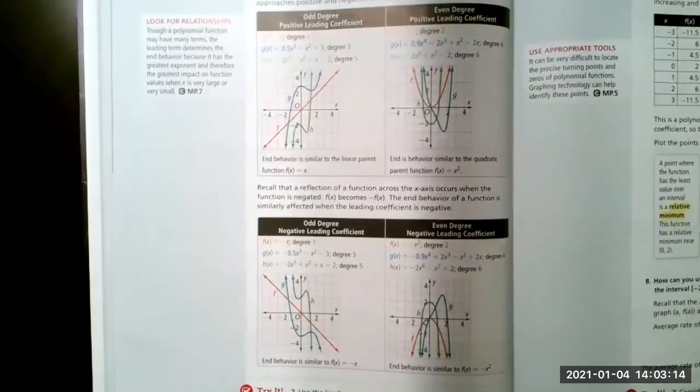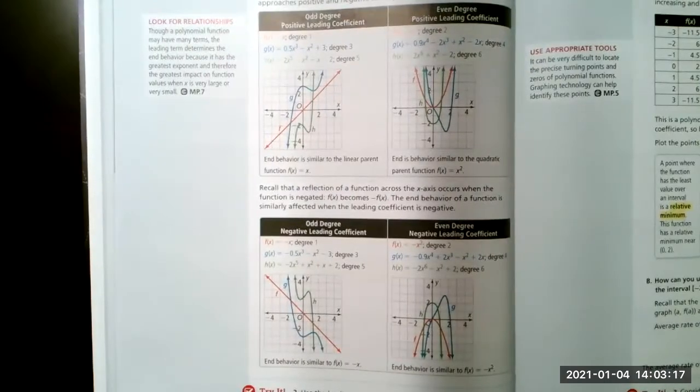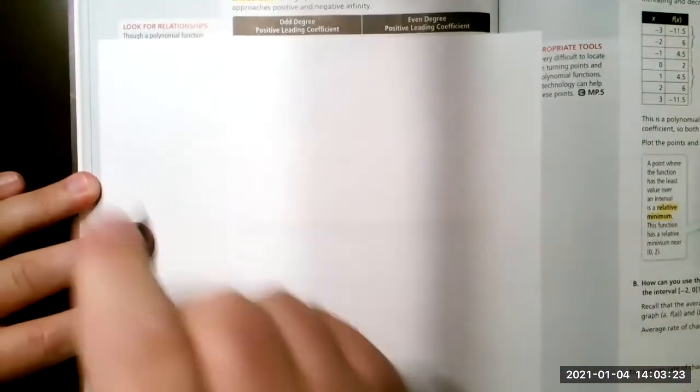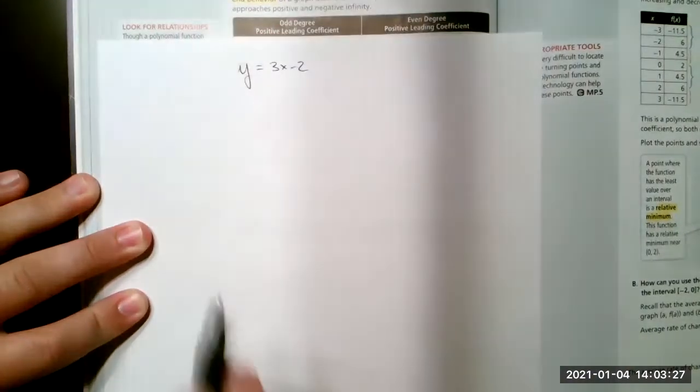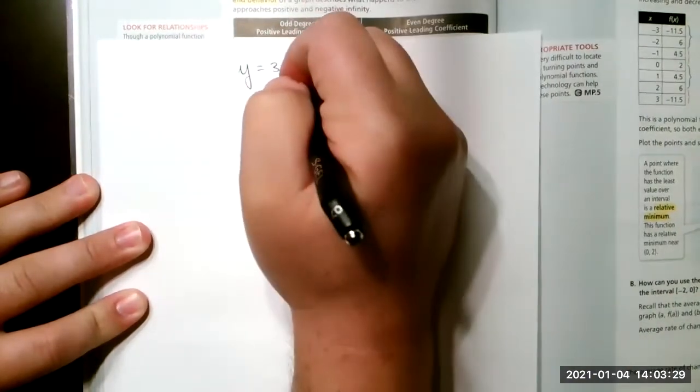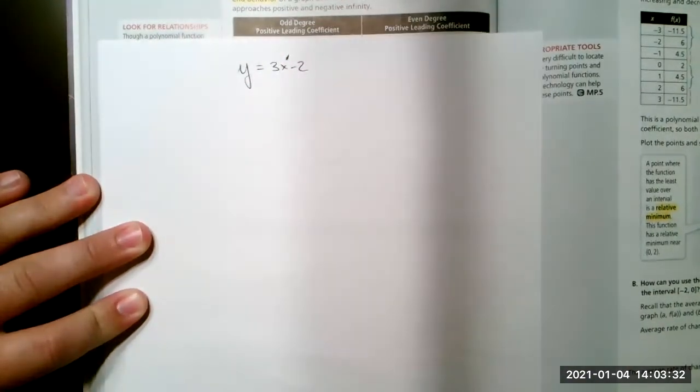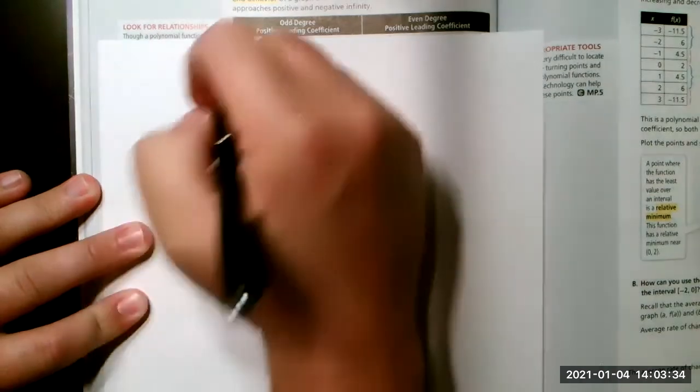Let me go ahead and write this out. So if I'm looking at something like an odd degree, kind of like this example they're given here, it's going to be something like this. Y equals 3x minus 2. That's an odd degree because technically that's x to the first. Okay, 1's an odd number.